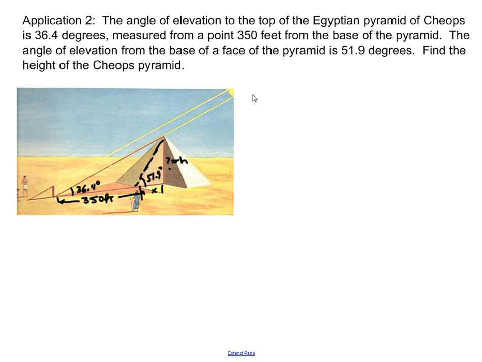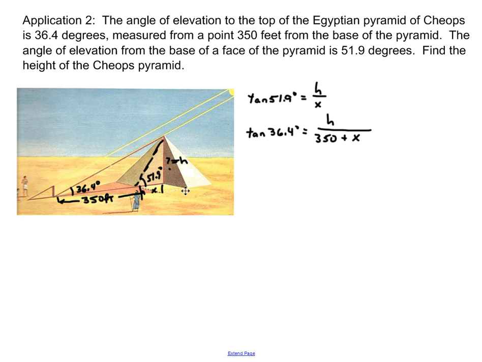Well, if I took the tangent of my angle 51.9 degrees, I would get h over x, the height of the pyramid over x, which is that unknown distance for part of the base of the pyramid. But I also know that if I take the tangent of 36.4 degrees, that's equal to the height of the pyramid divided by 350 feet plus x. That's the long side of the right triangle that I have right here.